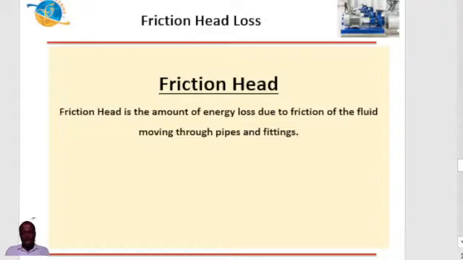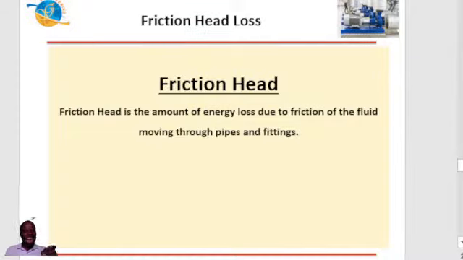With the introduction of the friction as a result of increased flow rates, that total head capacity of the pump will reduce as a result of the friction introduced into the system. So the amount of head that is lost due to friction is called friction loss or frictional head loss.